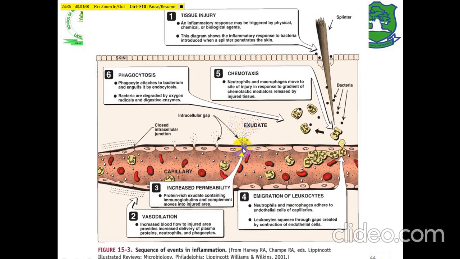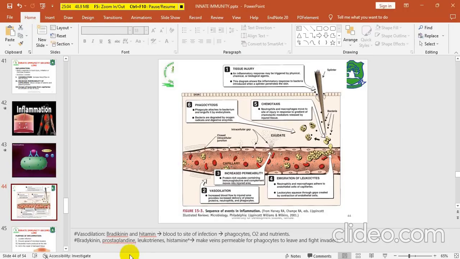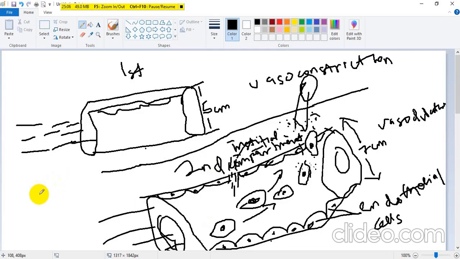When plasma flows through the gaps in the blood vessel into the interstitial fluid section to fight an infection, because it has proteins, immunoglobulins and complement, we call it exudate. If it does not have proteins inside, we call it transudate.